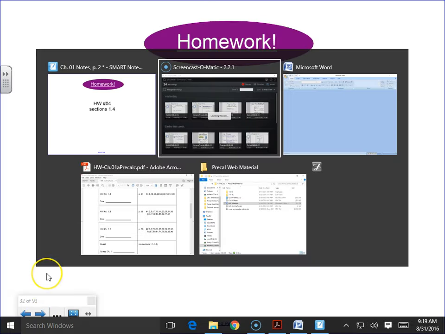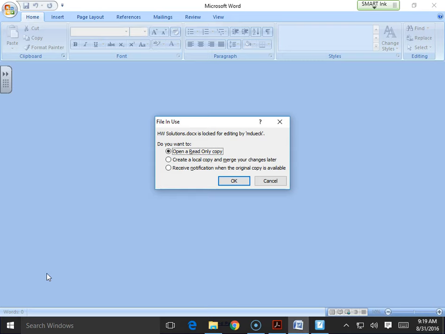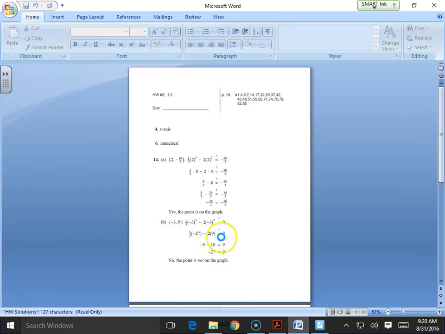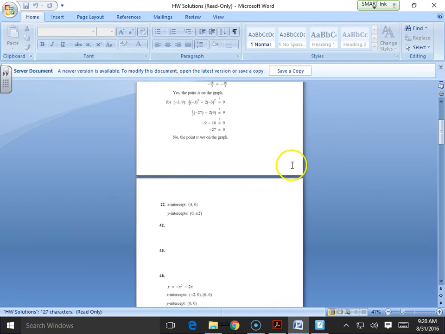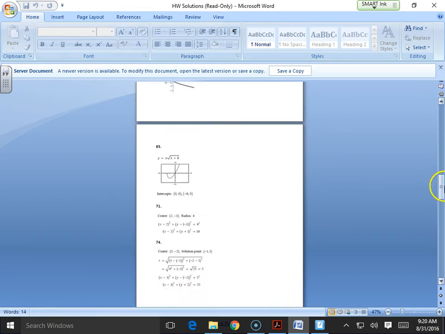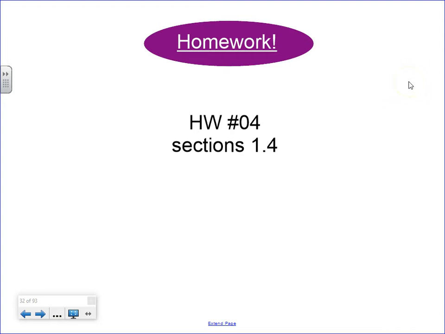Homework number 4, section 1.4. Let's go ahead and go check those even ones. You get a better view. Section 1, section 2, section 3. Hold on. I have all my evens.